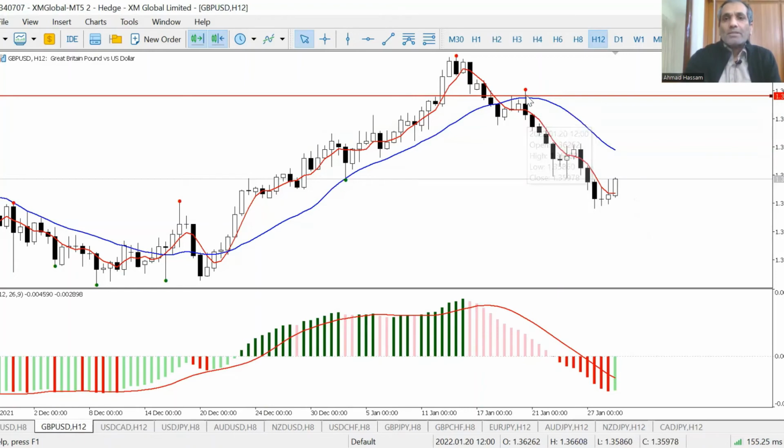And you see price went up and then went down. So if you had used a 10 pip stop with this level as a stop loss, the stop loss would have been hit.